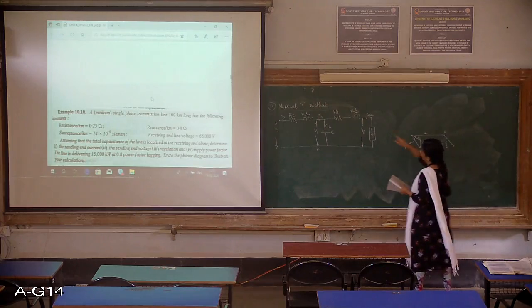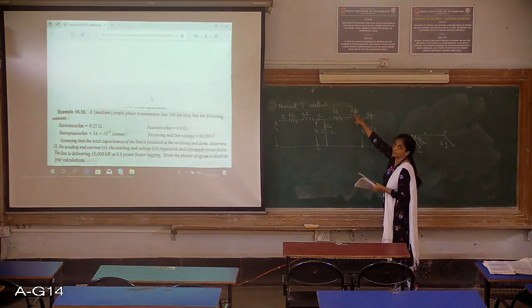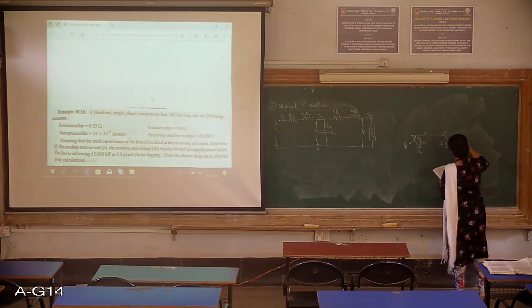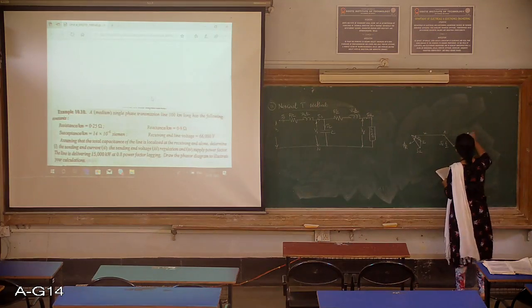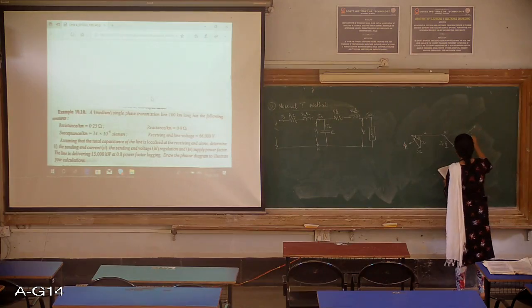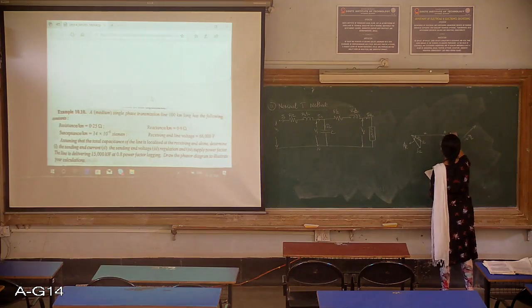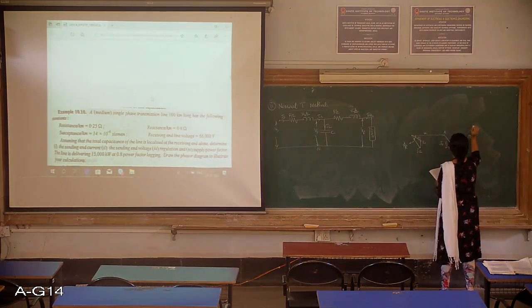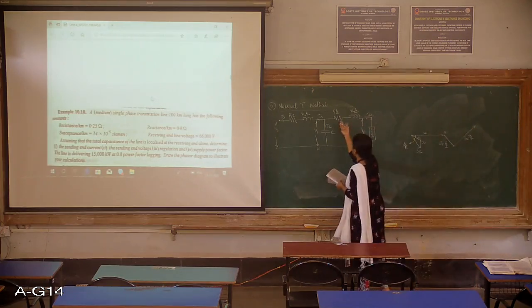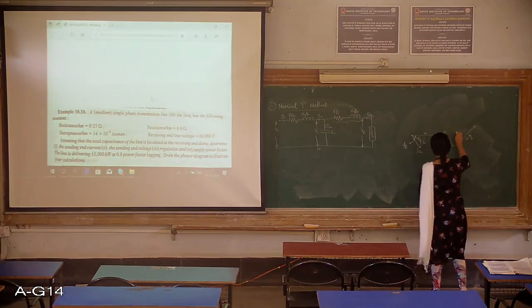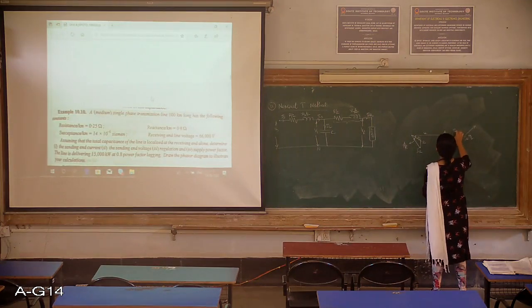Then, as it is an inductive circuit, again you show pure inductive IR into XL by 2. This represents the drop here, which is nothing but IR into Z by 2.